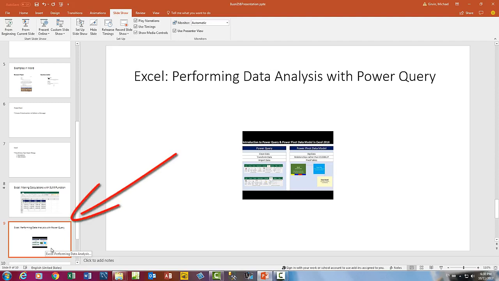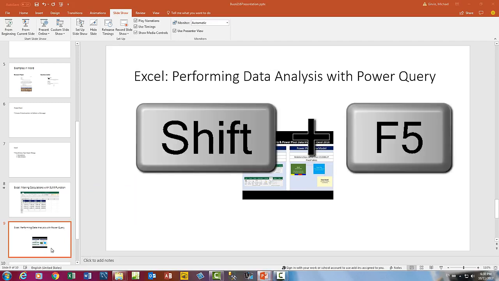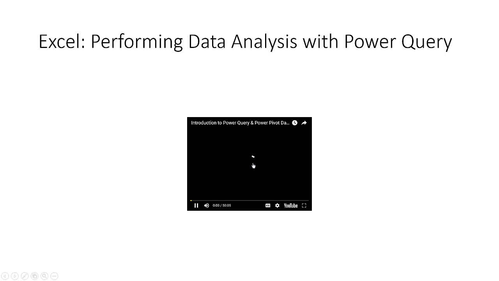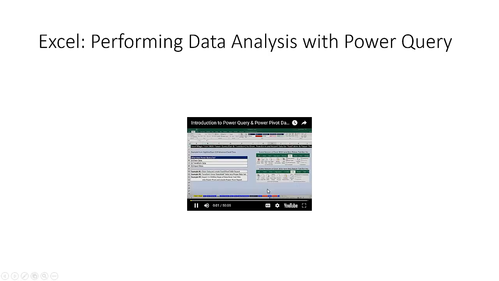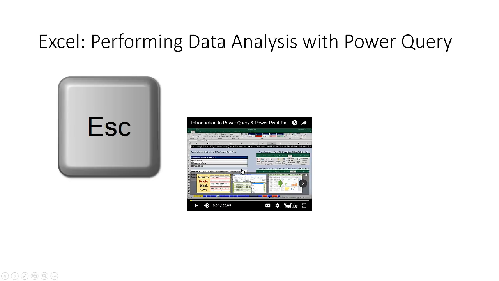So I have this slide selected. I'm going to Shift F5. And sure enough, look at that. Welcome to Excel Magic Trick number 1400. And then I click on the video to turn it off. Now that means we totally have the ability to insert a video from YouTube. Now I'm going to click Escape and get back to editing mode.